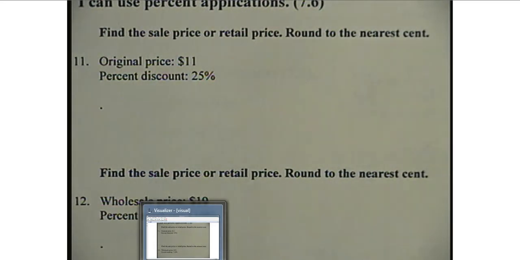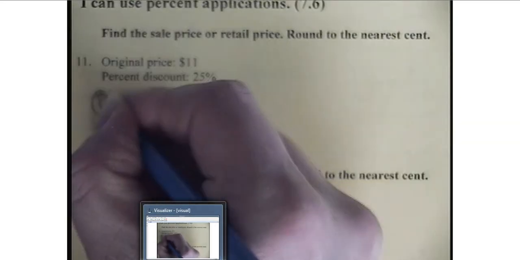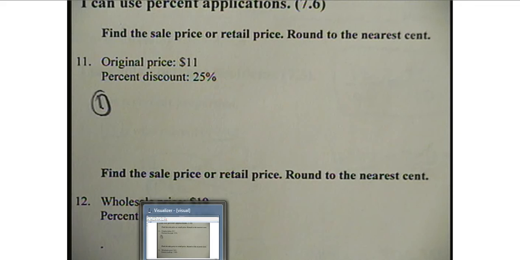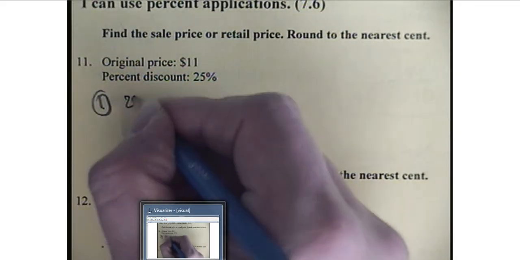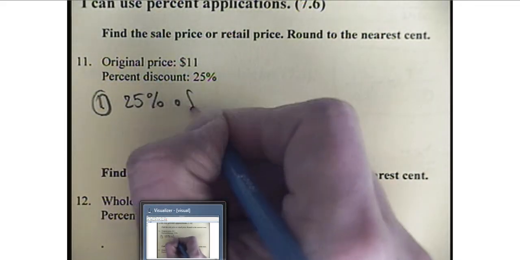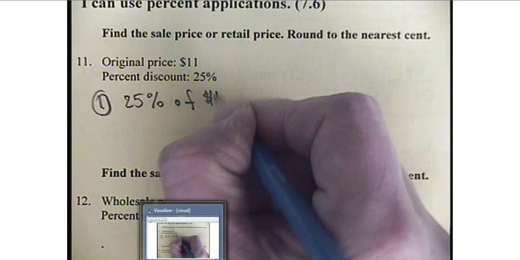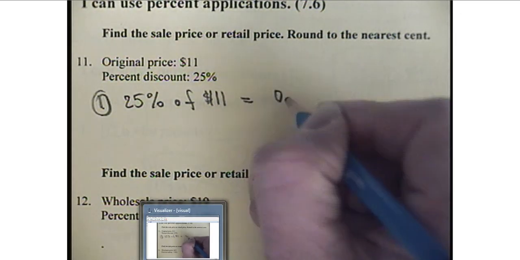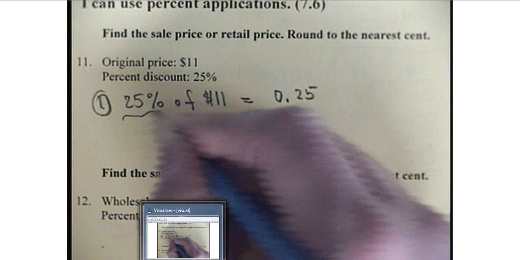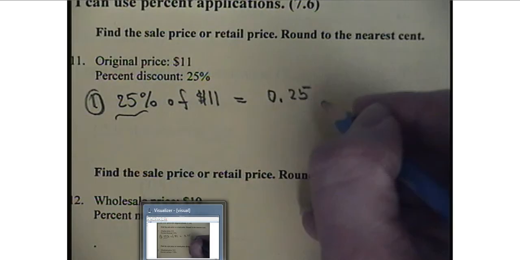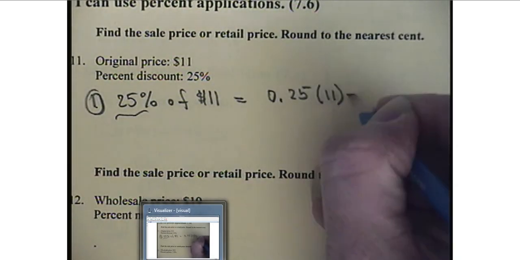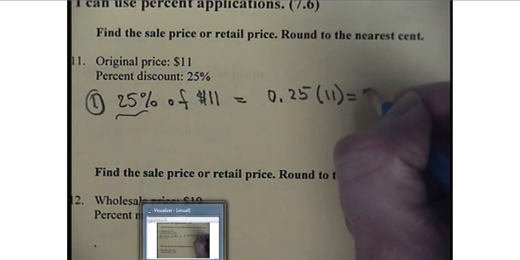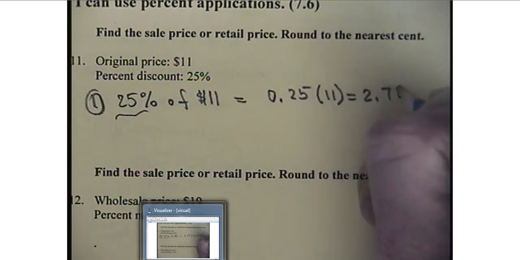So step 1 will be, we're going to use 25%. We're going to write 25% of $11. Well, 25% of $11 is 0.25. Remember, we're converting percentage to a decimal. And then we multiply by 11. This gives us $2.75.